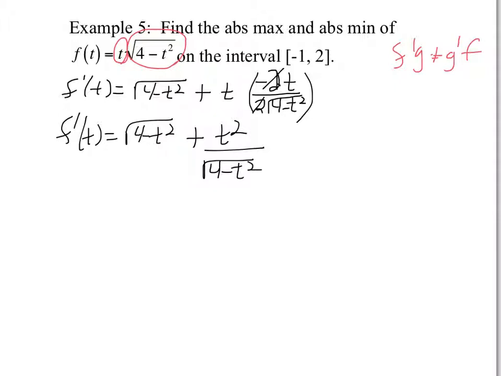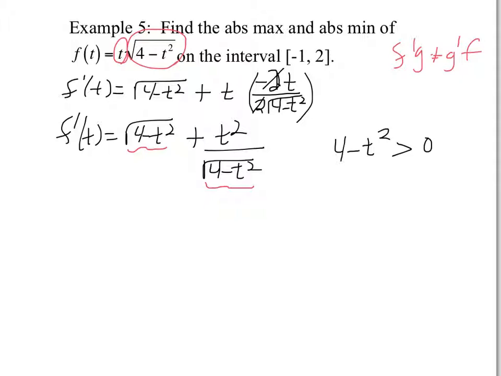Now again, I want to know when this, well, first of all, I need to check the domain of f prime, so I might do that first. I notice that we do have a domain issue because this guy appears twice. We know we can't take the square root of a negative, but because it also appears in the denominator, we also can't let it equal 0. So I'm going to figure out where 4 minus t squared is greater than 0.